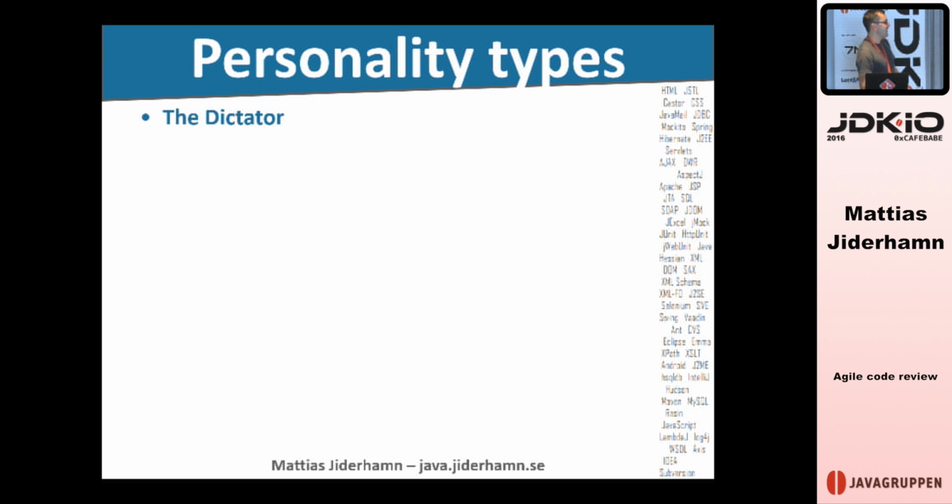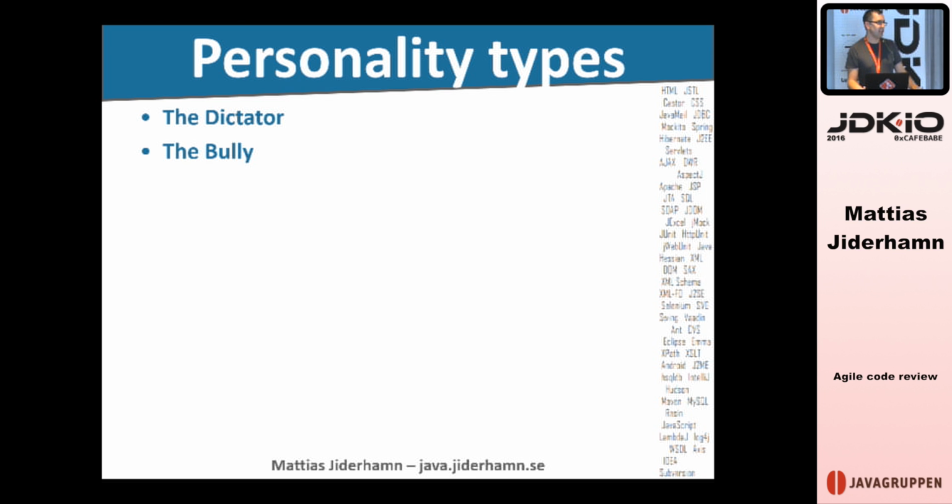So first of all, we have the dictator. This is the reviewer that thinks that everything has to be done exactly his way. He's not satisfied until the code looks exactly as if he wrote it himself. What needs to be remembered here is that we have to allow some freedom, otherwise we will just kill the creativity and the job satisfaction within our team.